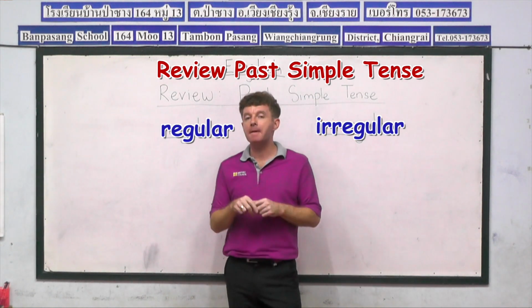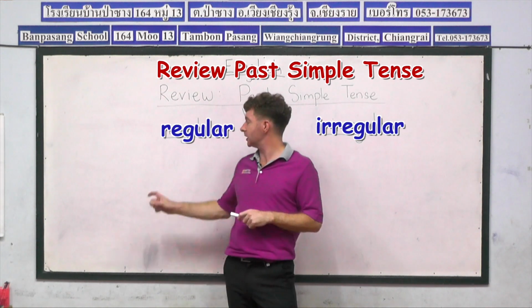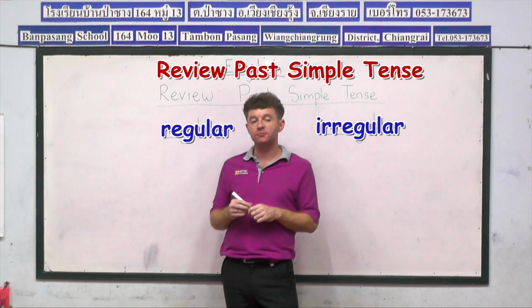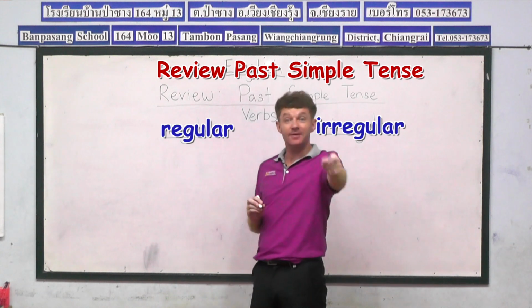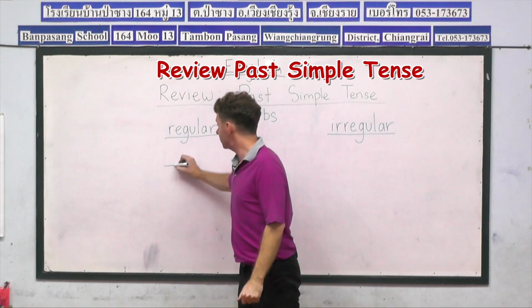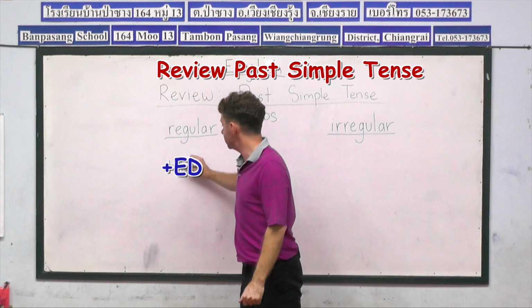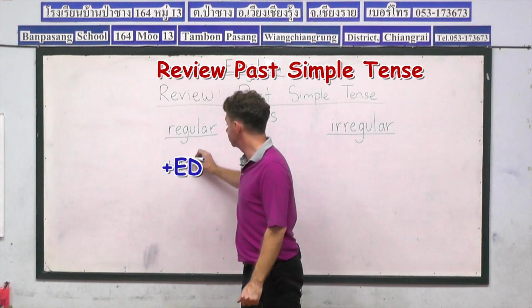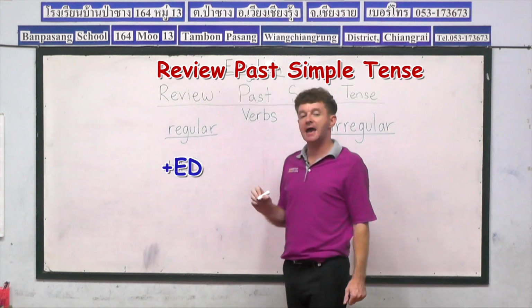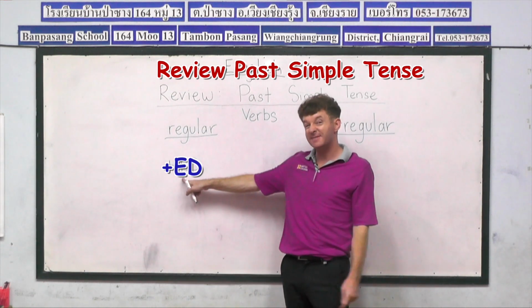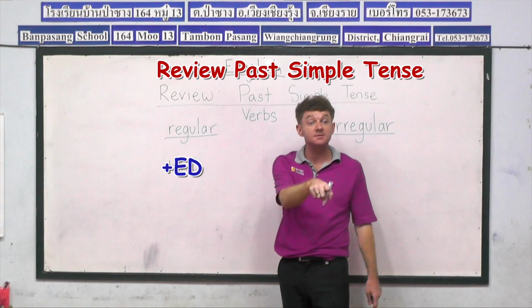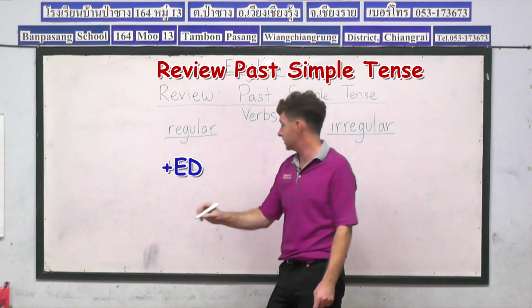Now, who can remember the spelling rules we can use with regular verbs? Plus ed is one. Excellent. Plus ed. Any others, guys? If we already have e, we just plus d.